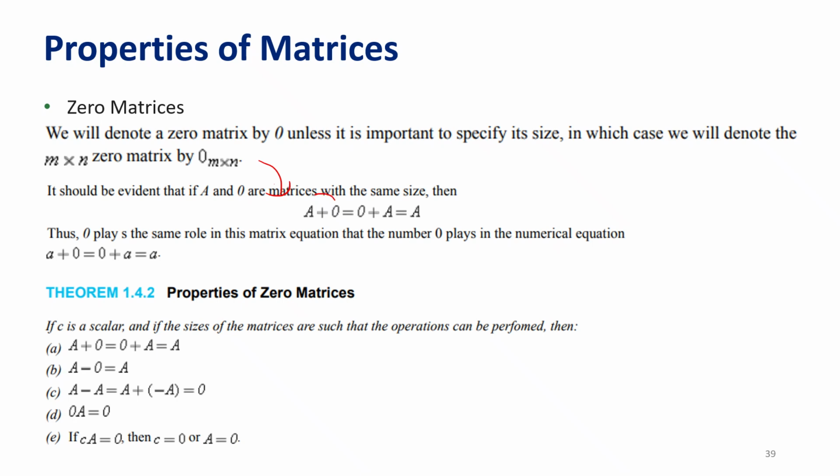For example, when you add zero, of course it will be the same as what it was. So these are several properties of the zero matrix that you need to know: the additive identity, multiplication of a matrix with zero, and so on.